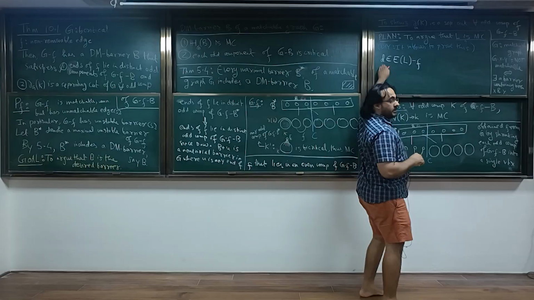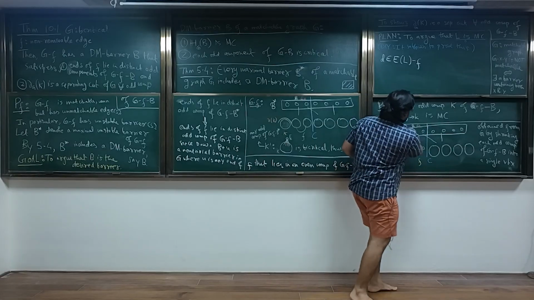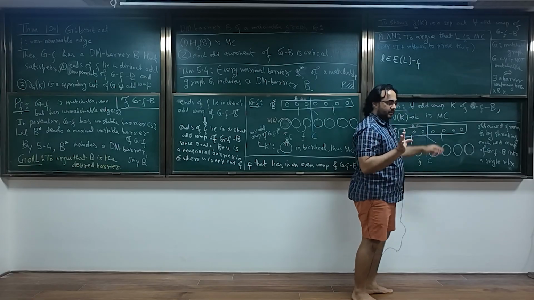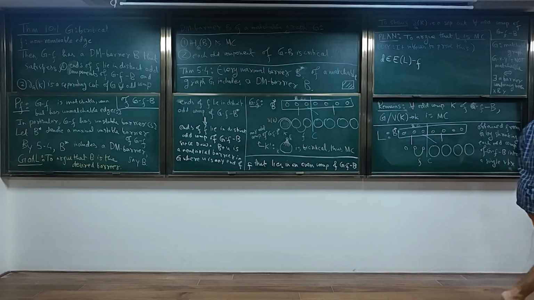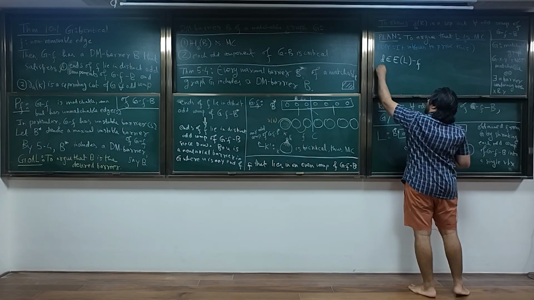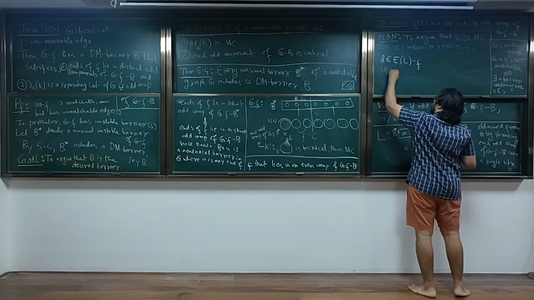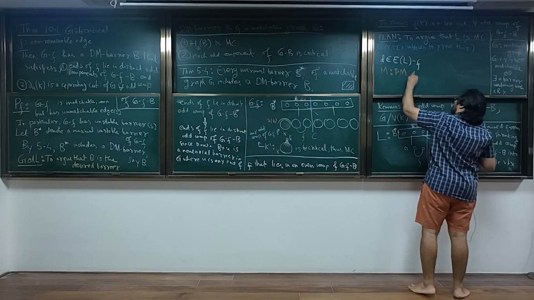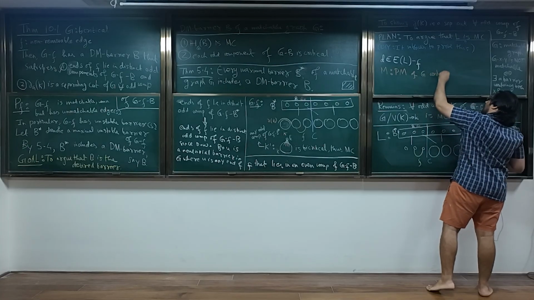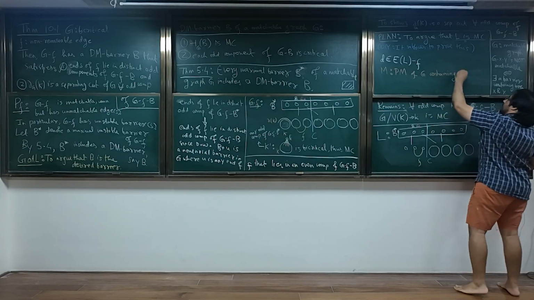Alright, so I'm taking an edge in L. L is this graph, and the edge is not equal to F, some other edge. So in the original graph, there is a perfect matching M containing this edge.